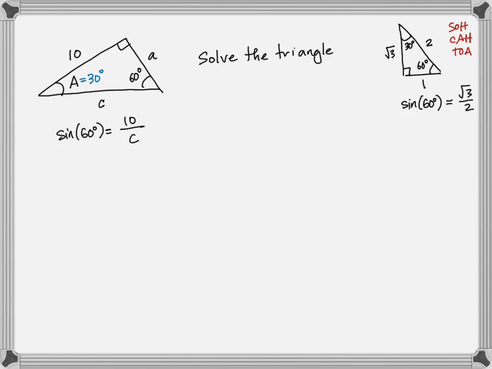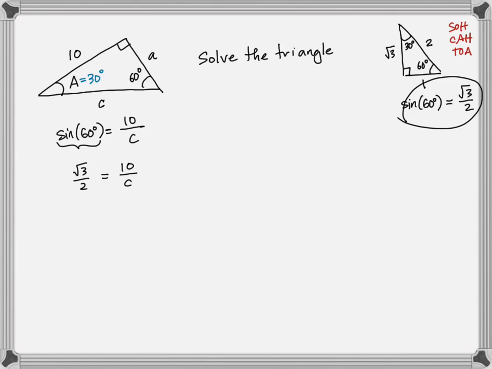So if the sine of 60 over here on the right is the square root of 3 over 2, then this sine of 60 also has to be the square root of 3 over 2. So the square root of 3 over 2 has to be equal to 10 over C. And because I know the sine of 60, I can use that to solve for the side length C.